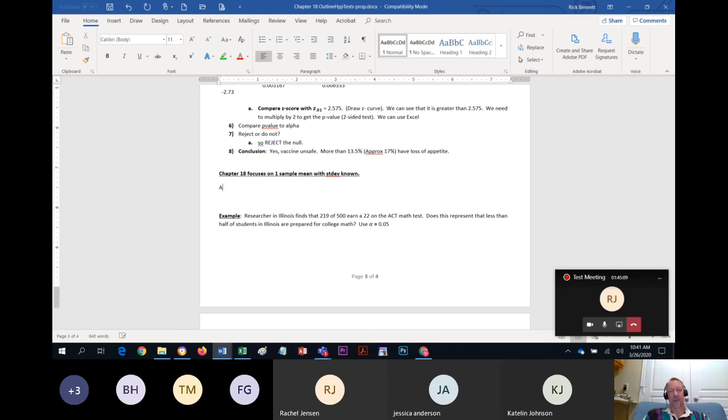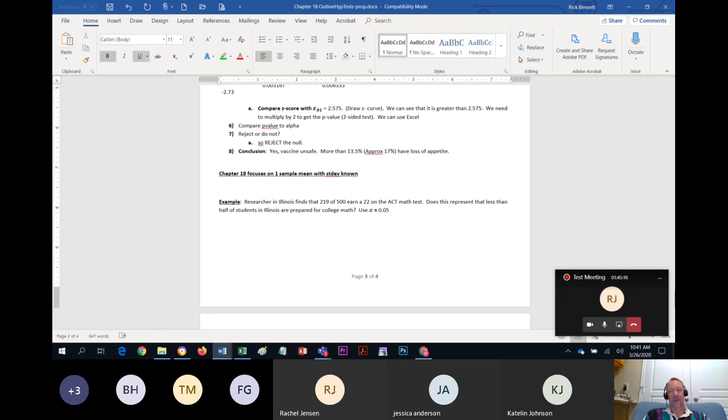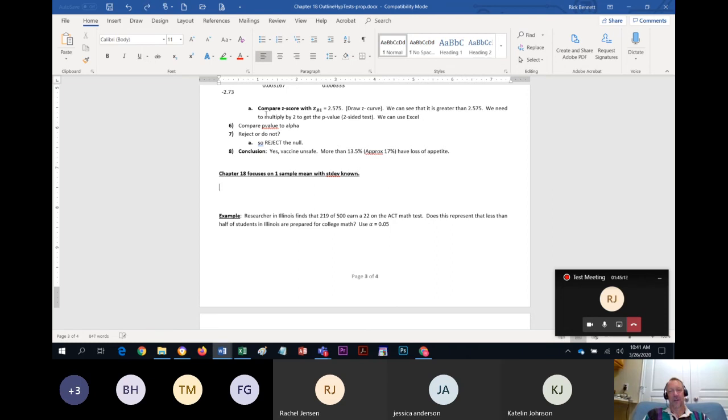So it's going to be Z equals X bar minus mu divided by sigma over the square root of n. Okay, so this is for your hypothesis test.